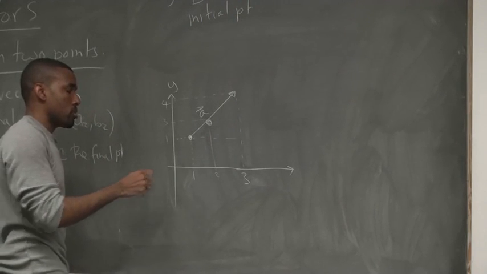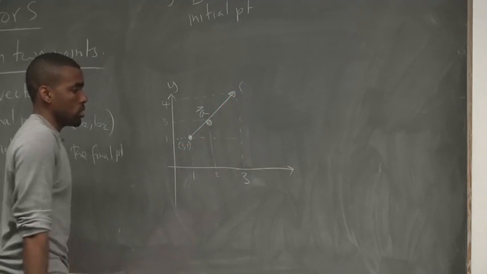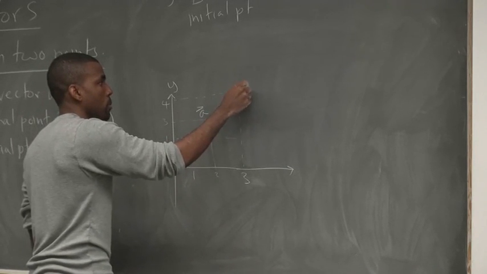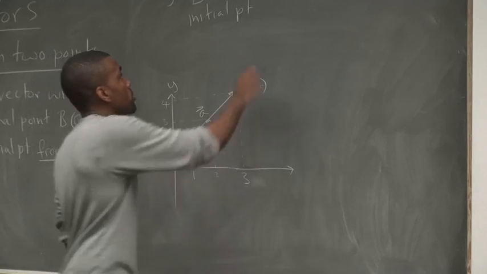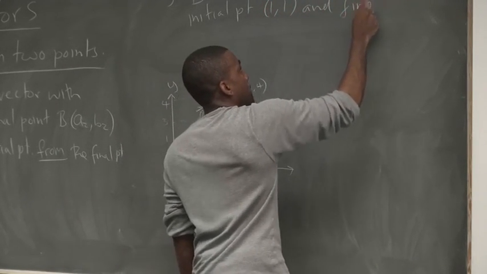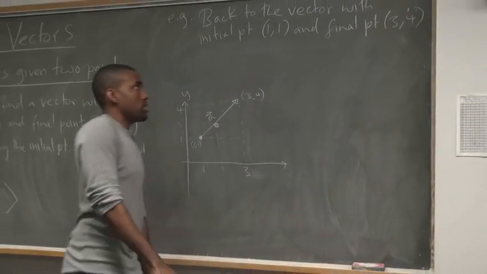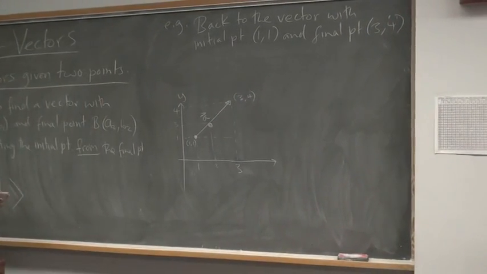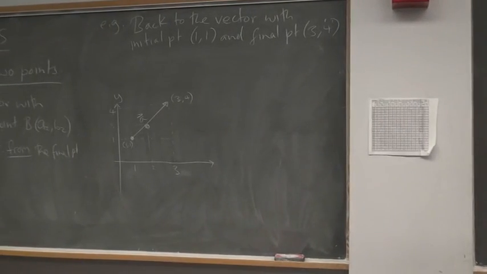Here I actually did a vector before where the initial point was 1, 1. The final point was, what, 3, 4? Why does it make sense to subtract them? Well, remember we actually want to find the distance that you move in the x direction. Put that in the first coordinate, right?